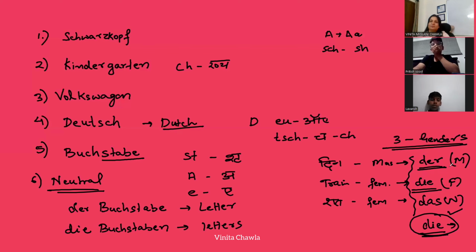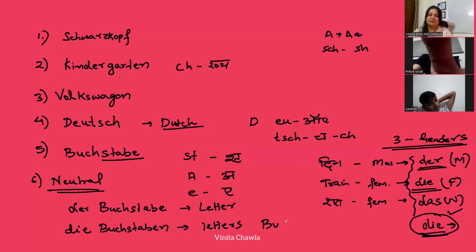Okay? Is this clear? Yes, ma'am. Buchstabieren. Buchsta, S-T-A, bieren, B, I-E, and R-E-N.